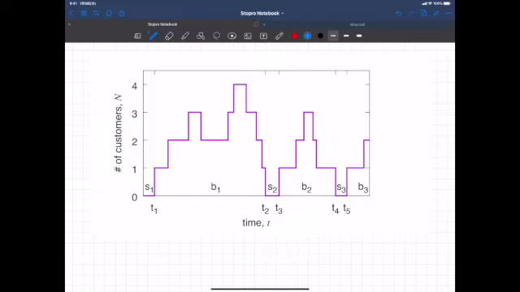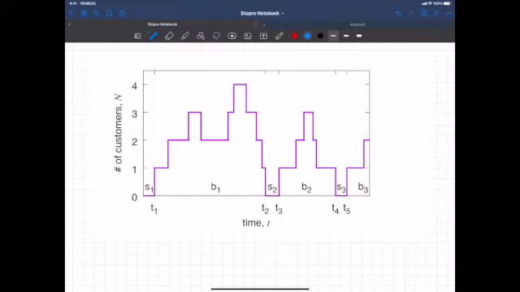At first there are no customers, which is called a slack period. This is the first slack period. And at time t1, one customer arrives. So now the system enters the busy period. If the server is occupied with at least one customer, it is in the busy period.